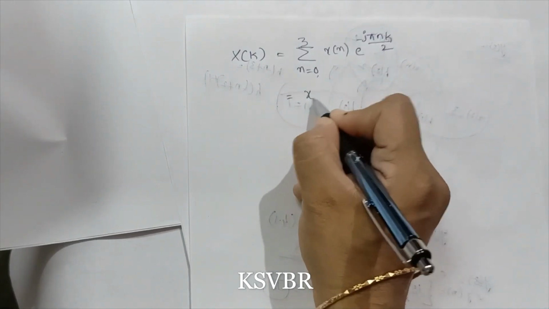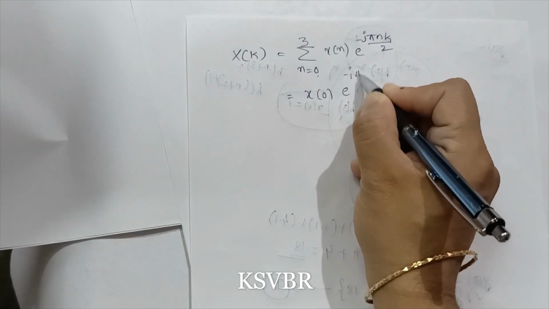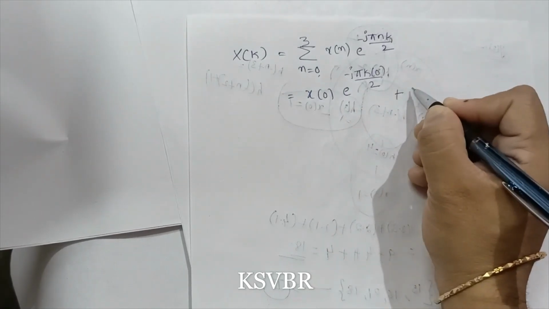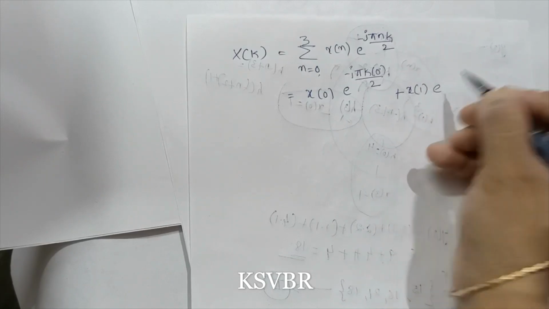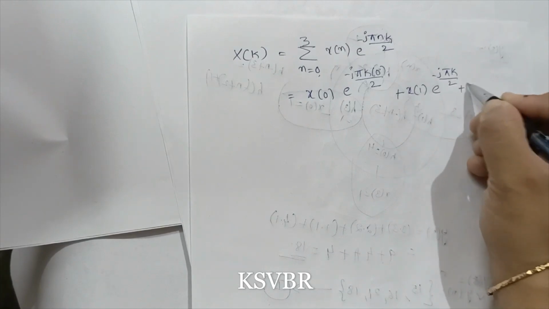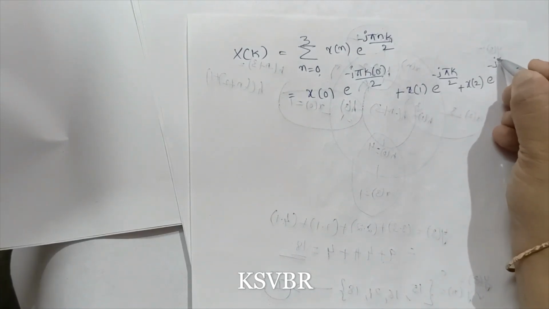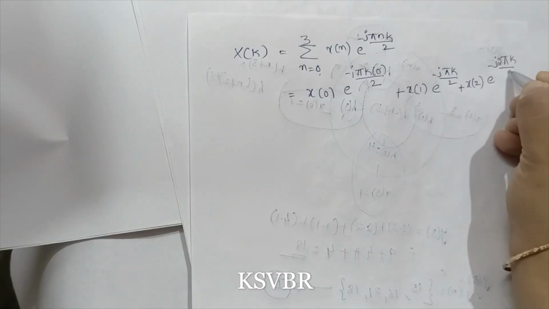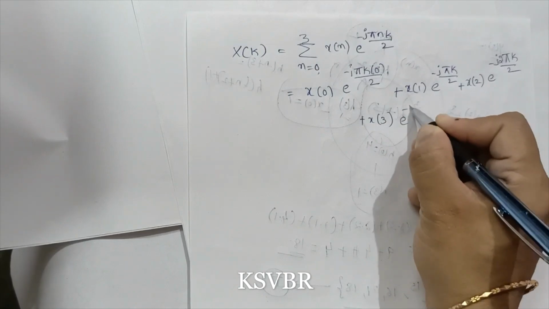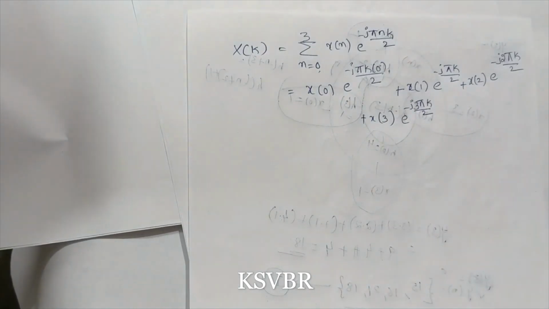So it will be x of 0 into e power minus j pi k into 0 by 2 plus x of 1 into e power minus j pi k by 2 plus x of 2 into e power minus j 2 pi k by 2 plus x of 3 into e power minus j 3 pi k by 2.